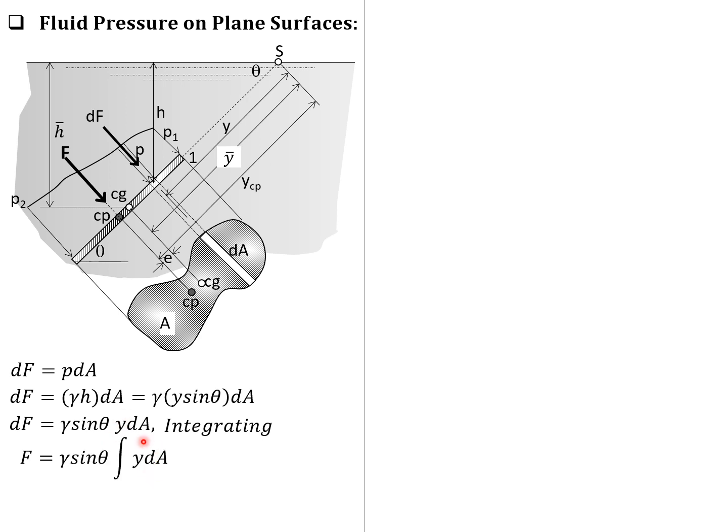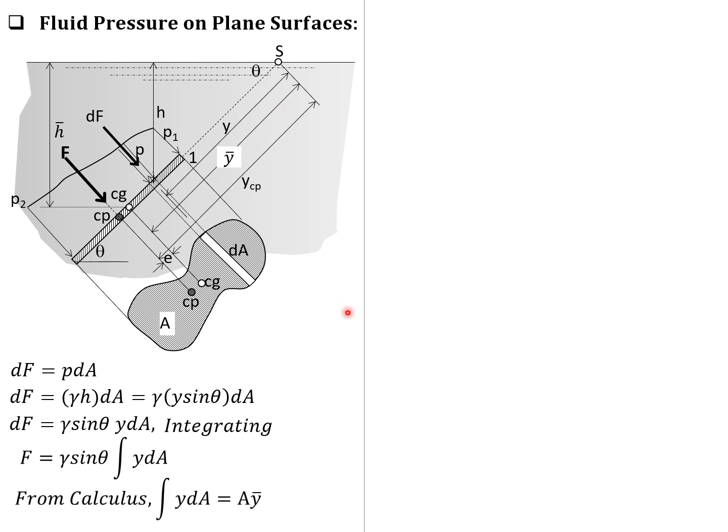So the expression integral of y dA from calculus is actually the static moment of area. So this is simply equal to the moment of this differential area with respect to point S, axis S. So it is equal to area times barred y, also by Varignon's theorem.